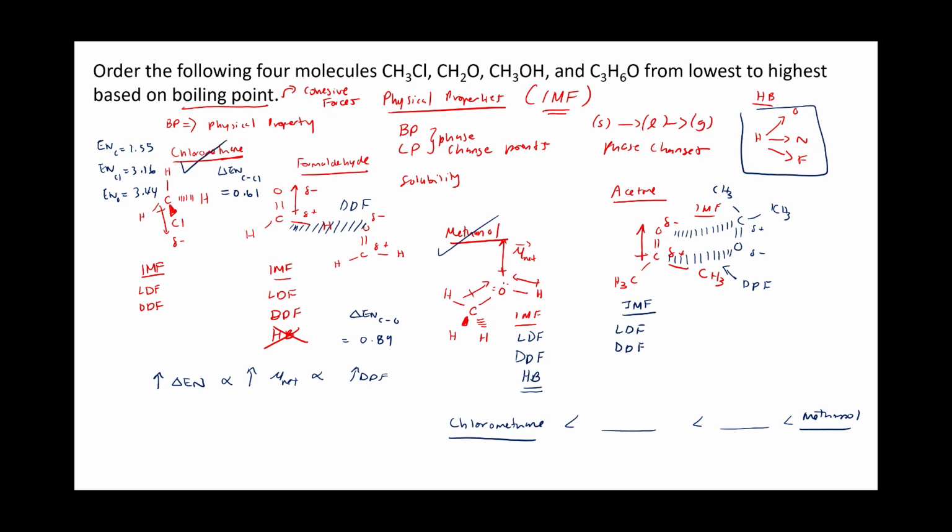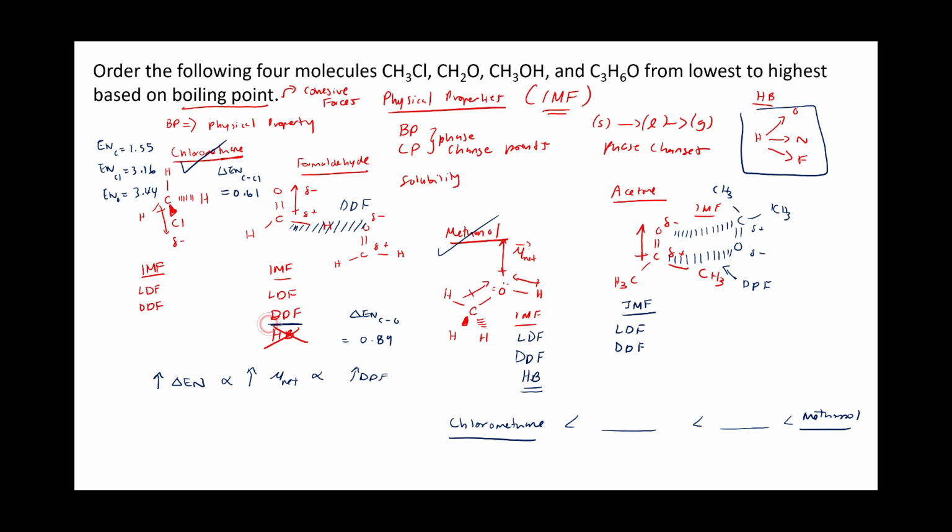Now we have to compare formaldehyde and acetone. So which one is essentially more polar, right? Now the thing about this is that you can look at it one of two ways, right? We've looked at it, and they both have equal dipole-dipole forces, right?